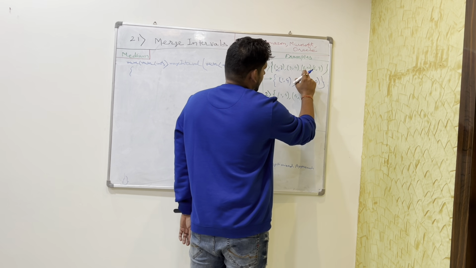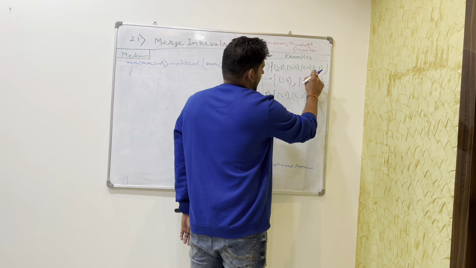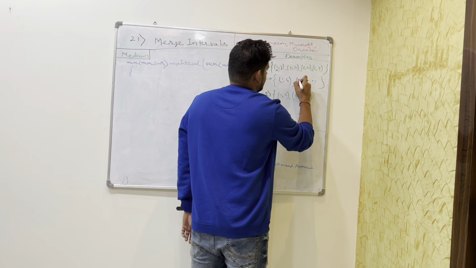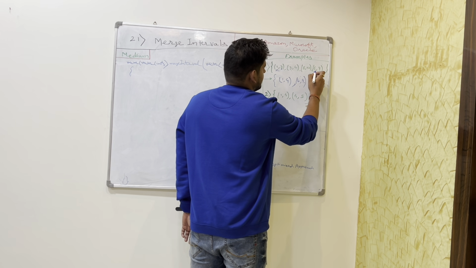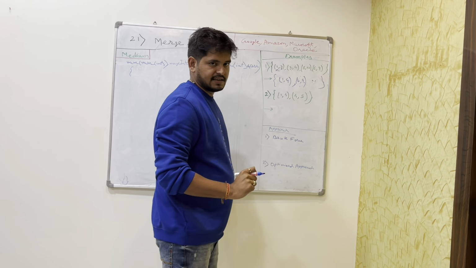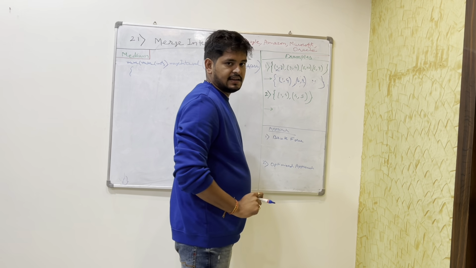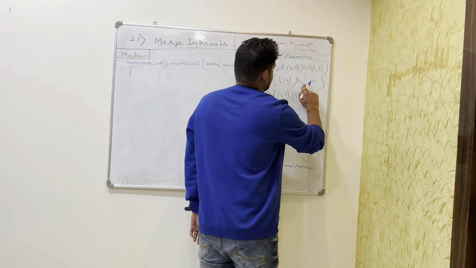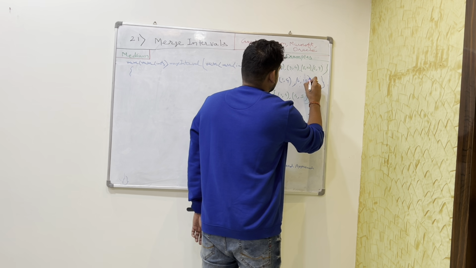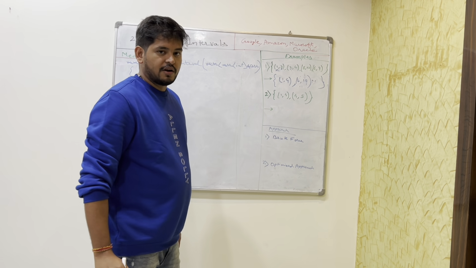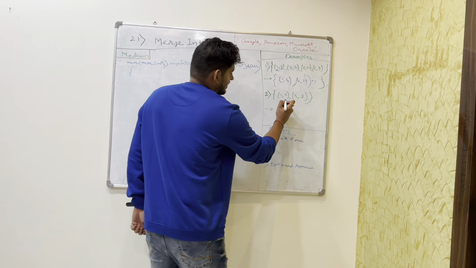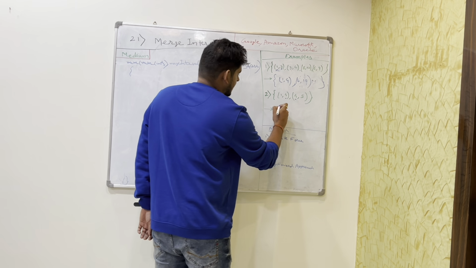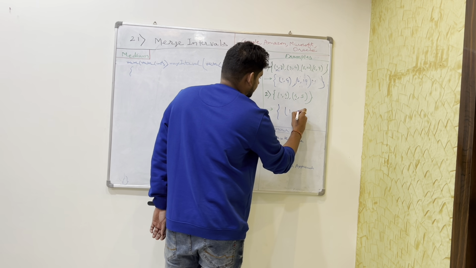So 6 comma 9 will come before 8 comma 10, and once 6 comma 9 is there, we see that 8 comes between 6 and 9, so we will return it as 6 comma 10. This should be our answer. Similarly for this problem, 1 comma 4, 4 comma 5, we see that the 4 is overlapping, right? So the answer for this would be 1 comma 5.